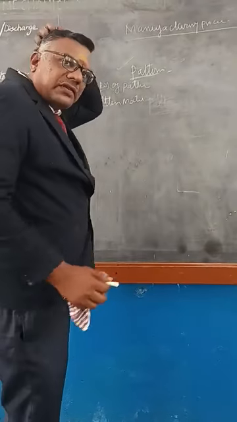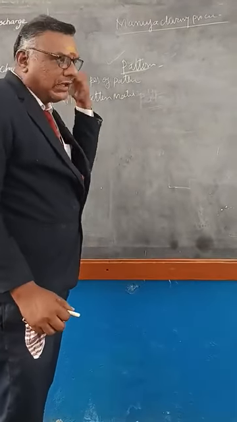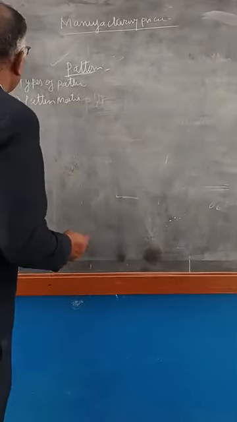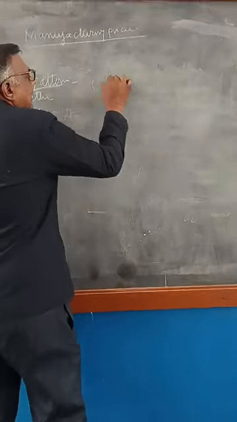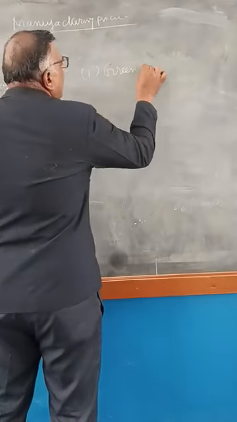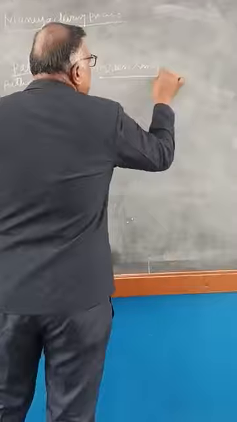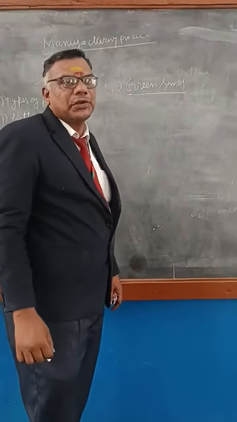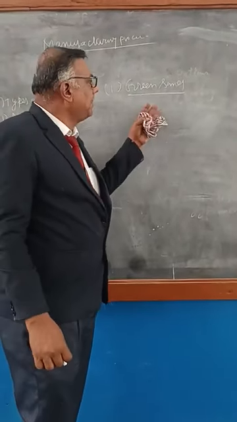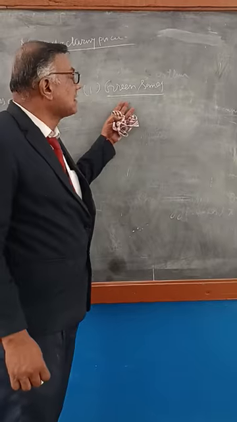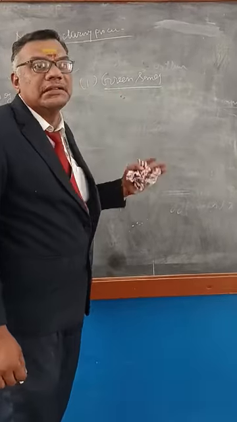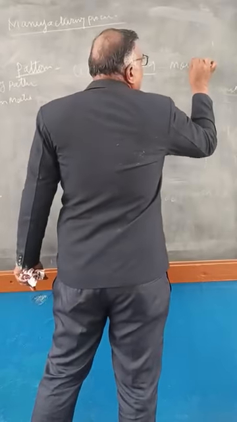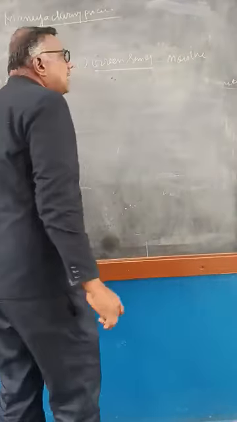Next, I am going to make a sand mold called a green sand mold. Before that you should know what we mean by green sand molding and dry sand molding. Green sand molding contains moisture. The sand used to make the mold cavity should contain moisture; this is called green sand molding.